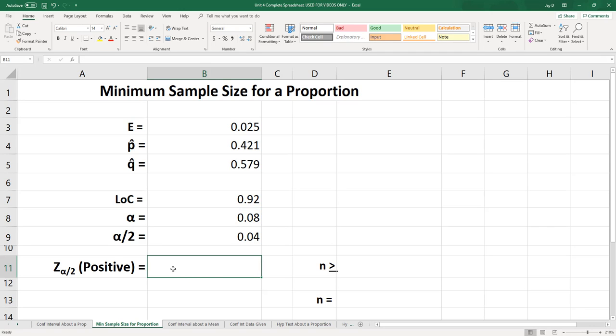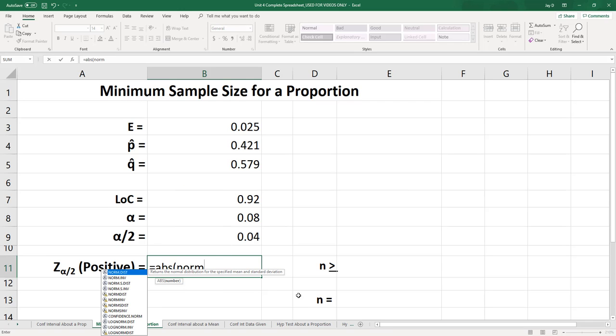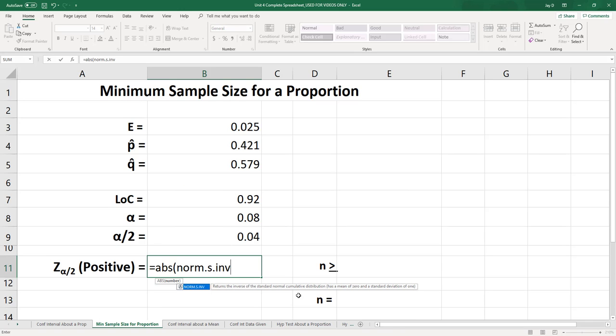And I'm going to nest two functions together. I just want to get the positive result, as I said. So I'm going to take the absolute value of the norm.s.inv. So if you have to pause this, then do so that you get the function correct, equals the absolute value of norm.s.inv. I open another parenthesis. Excel is pretty good.